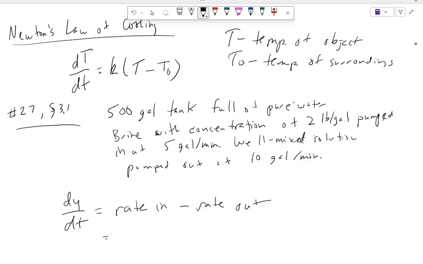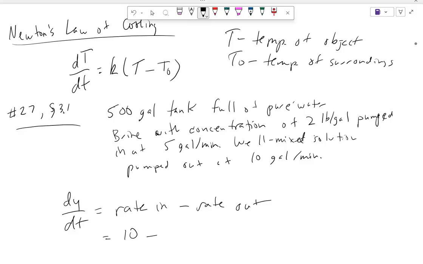How much salt is coming in each minute? 10 pounds, right? Where'd the 10 come from? 2 pounds per gallon, 5 gallons per minute. We want to end up with pounds per minute when we're done. Multiply, we get pounds per minute, right?